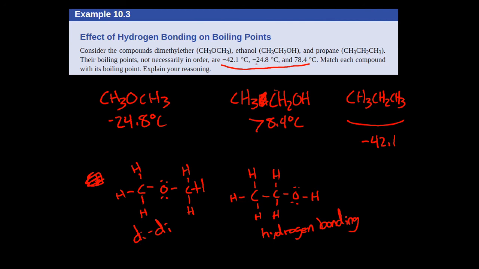So if we had picked negative 24.8 as the boiling point, that would mean that if we're higher than that temperature, the molecule is in the gas phase. And ethanol is obviously not in the gas phase at negative 20 degrees C. So you probably could have figured it out just by logic as well, at least for which one the ethanol belongs to. But the other two, we did have to think about the intermolecular forces.